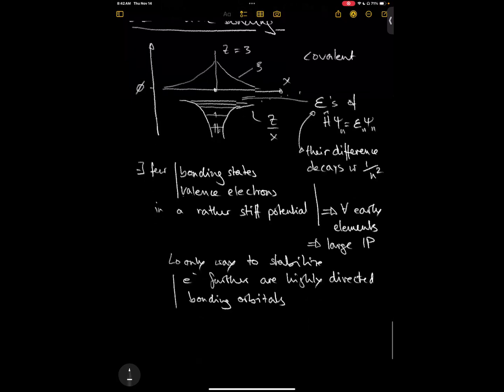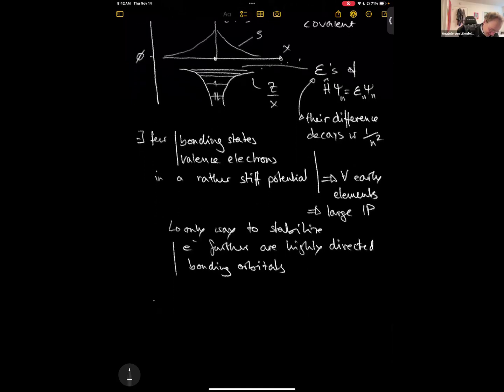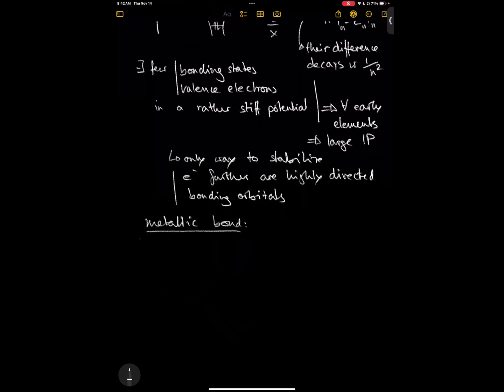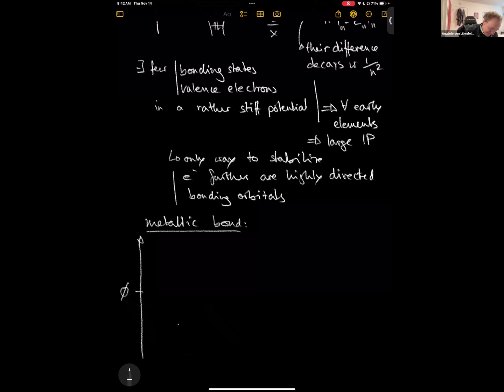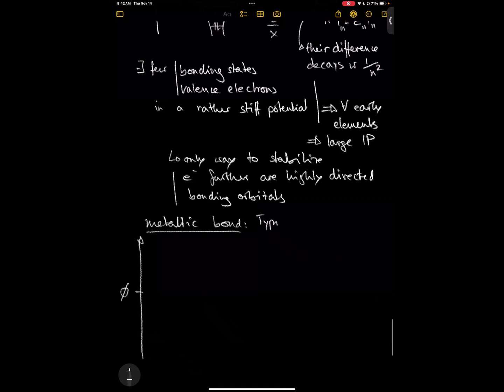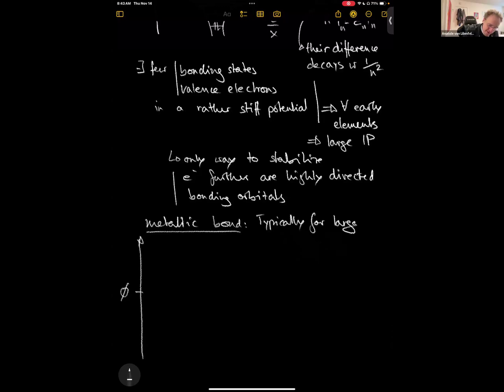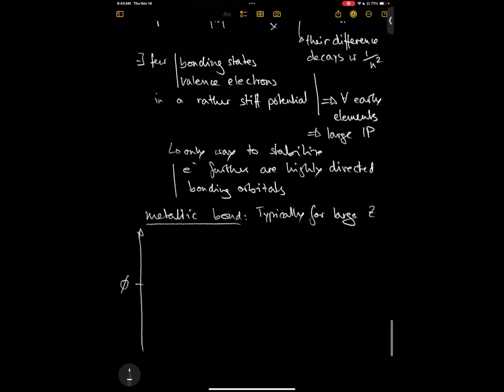Okay, by contrast, the metallic bond, the picture is quite different. If I draw the same kind of axis, where again I have a zero here, this is typically for large nuclear charges.